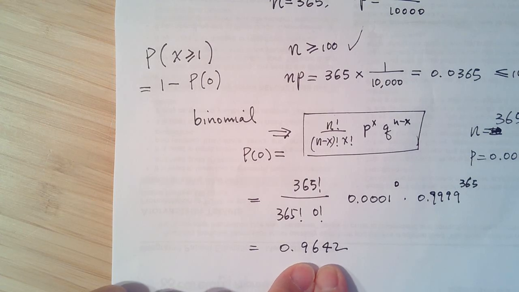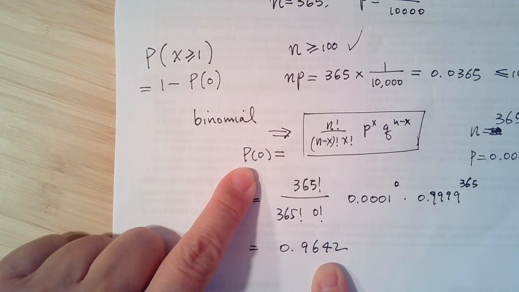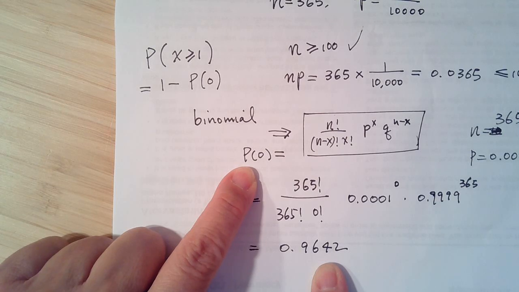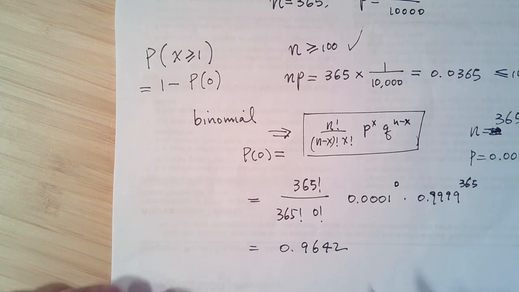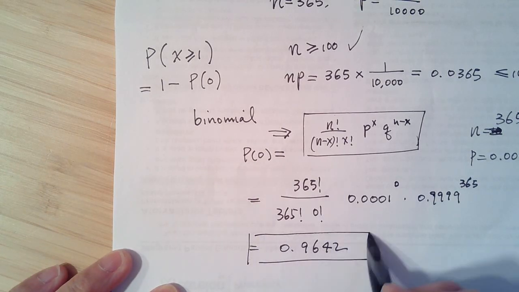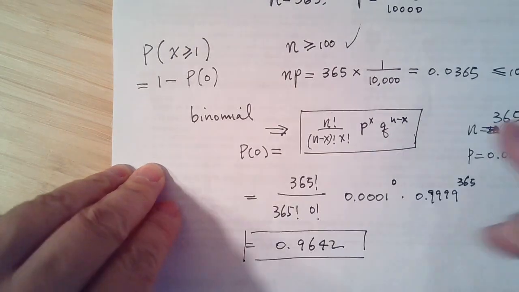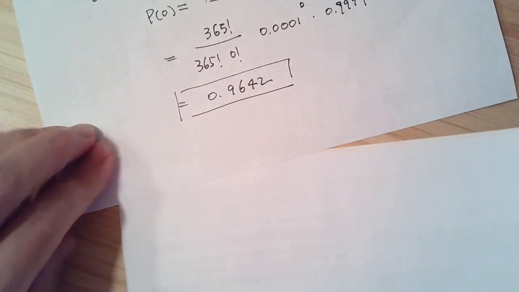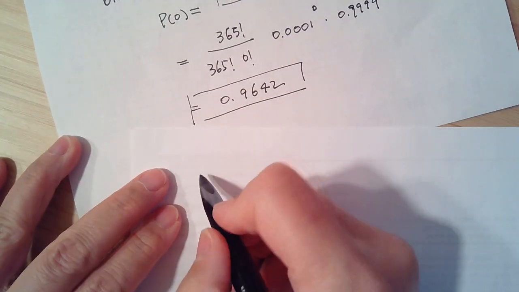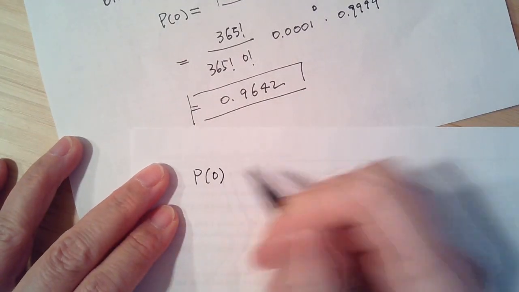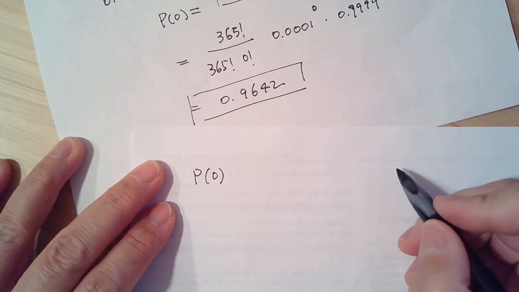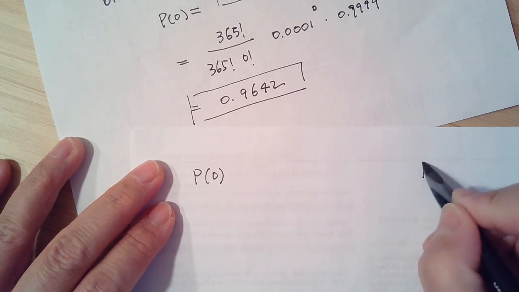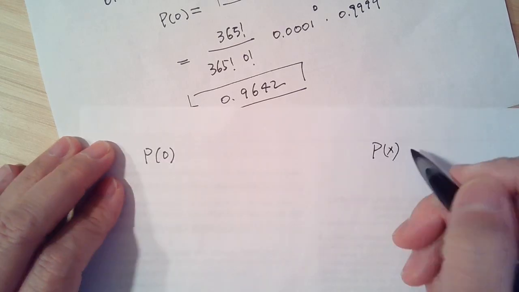So that's what you do if you use the binomial. What about the Poisson distribution? Let's find out what P of 0 is. If you remember the formula, P of x is mu to the x, e to the negative mu, over x factorial.